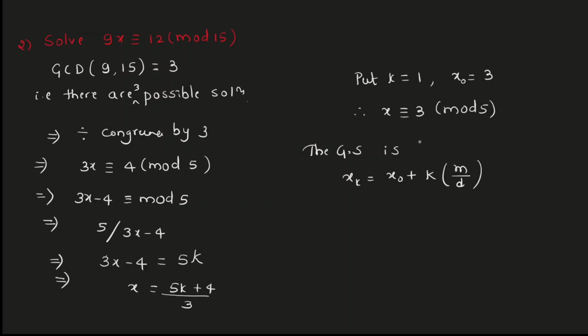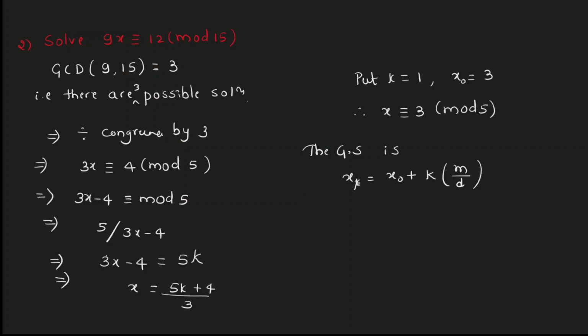After finding x naught, the remaining possible solutions are found by this equation. Here we have substituted k as 1. Instead of k, you can take any other notation. Now, when you put k as 0, what happens here?